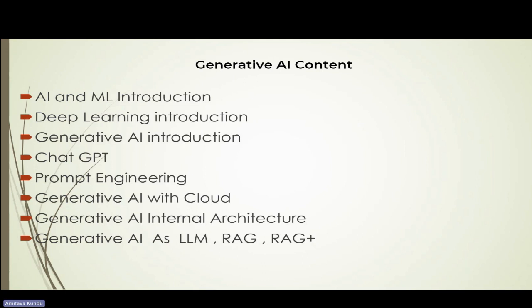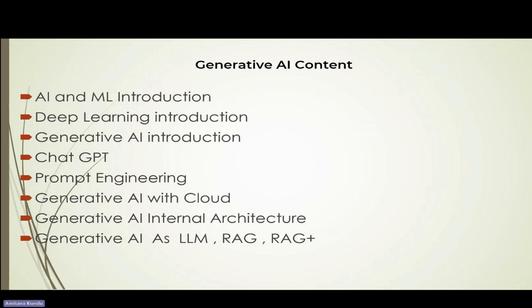See, when you go through generative AI internal architecture, you'll find that generative AI products have some limitations. Gen AI products like LLMs will not give you real-time updates. So some limitations are there in Gen AI products. To resolve those limitations, we have RAGs, RAG plus.